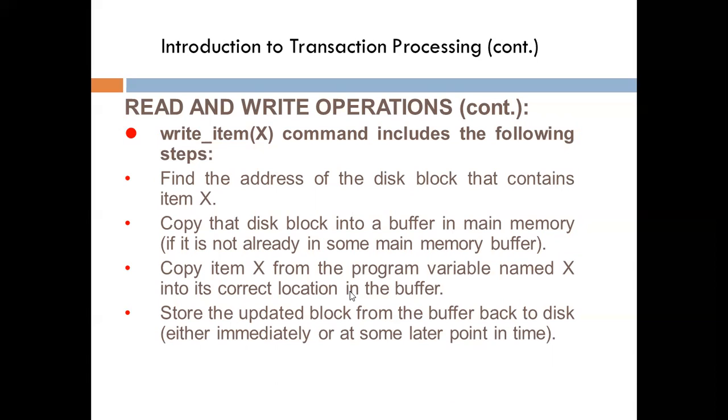Then store the updated block from the buffer back to the disk. It doesn't write directly into a block. First, we get the block into the buffer of main memory, then write the variable into the buffer and put the entire block in the buffer back to the disk. These are the four steps that happen in a write command.